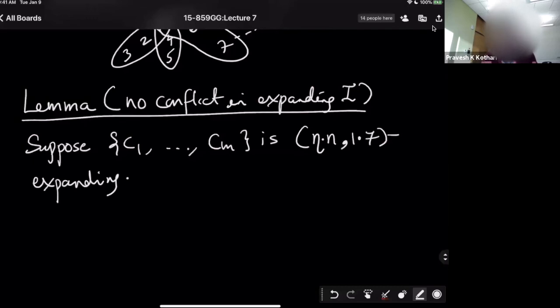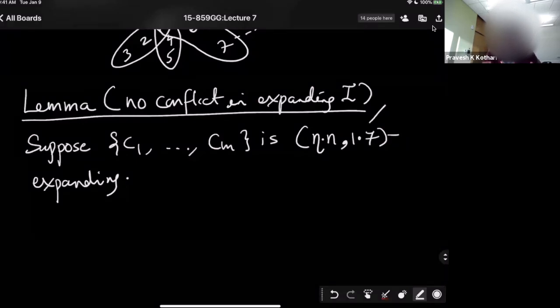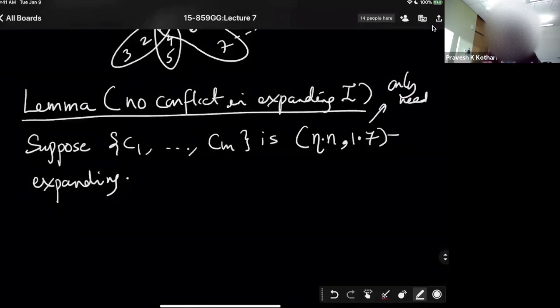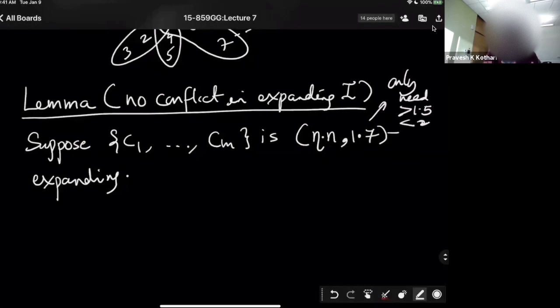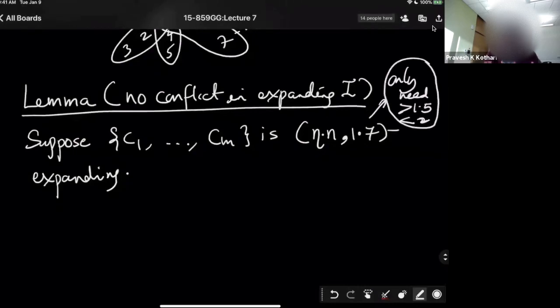And you'll see that I need a number bigger than 1.5. So suppose C1 to Cm is 1.7 expanding. We only need this to be bigger than 1.5 and less than 2. Just to remind ourselves that that's all I wanted. Very good.